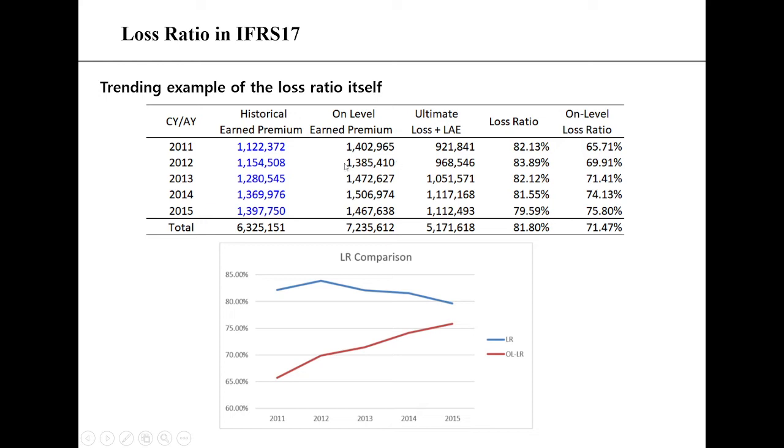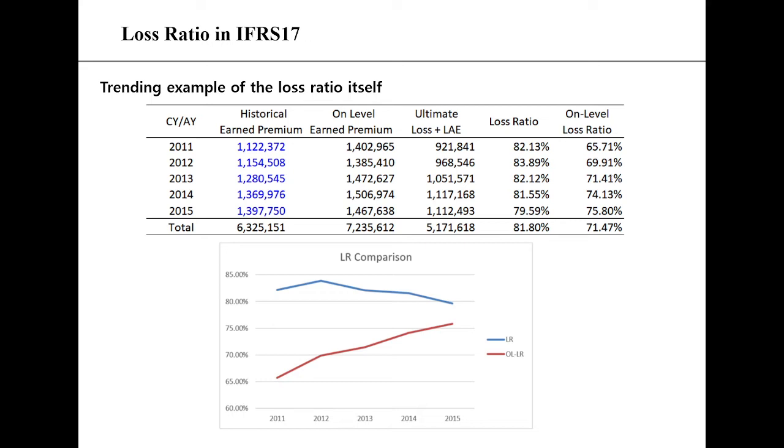And right now you change this one and then level up onto the current premium level. So it is inflated. And the ultimate loss plus loss adjustment expense amount stays the same in either case, right? And here, this loss ratio is calculated based on this one, right? Not on level premium, but on-level premium is this one.